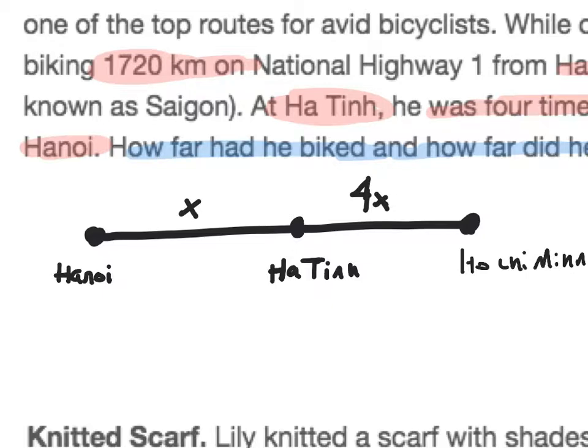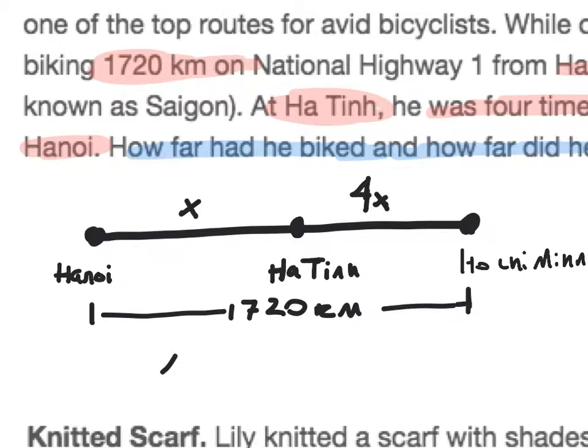What I know is that this whole distance is 1,720 kilometers. So if I take the distance x and add it to 4x, that gives me 1,720.